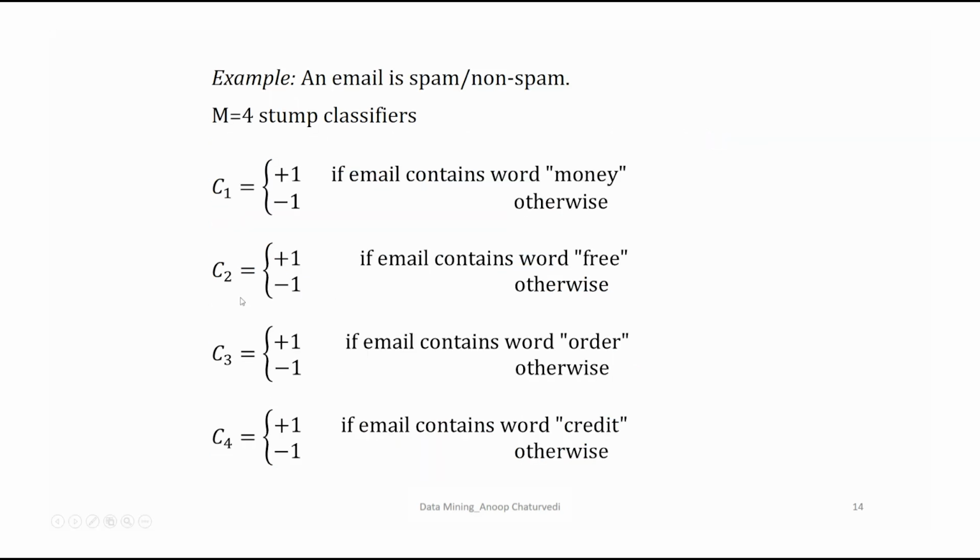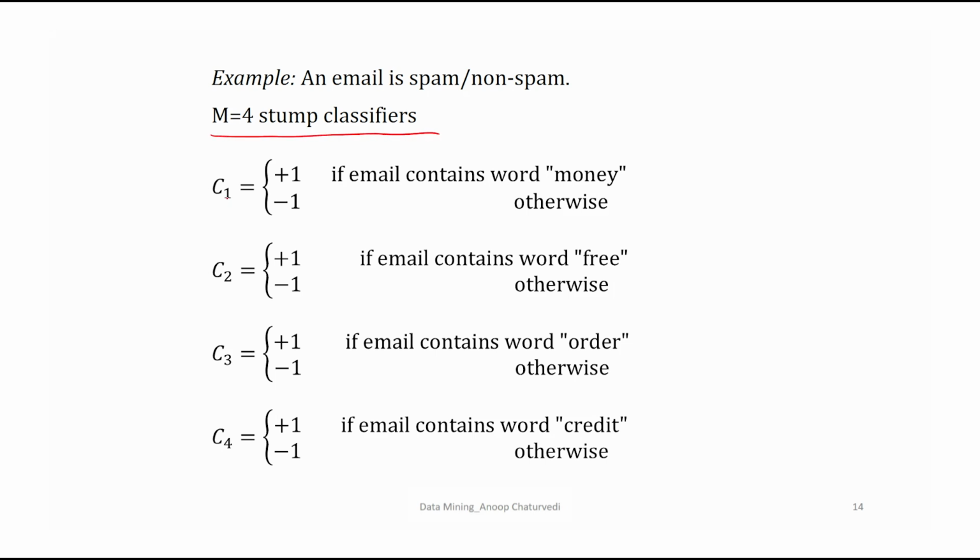Now, this is an example. Suppose you have to classify an email as spam or not spam, and you have 4 stump classifiers.